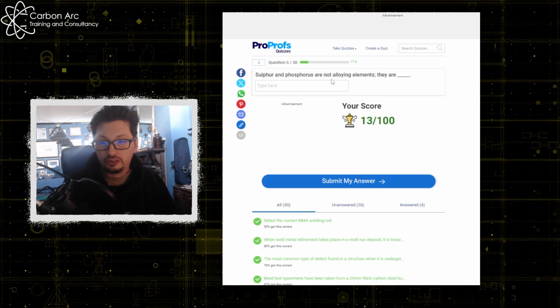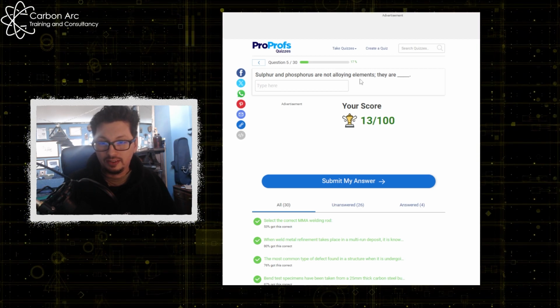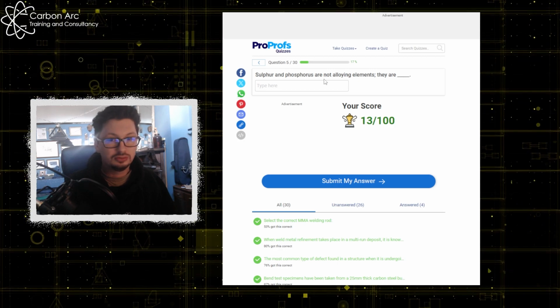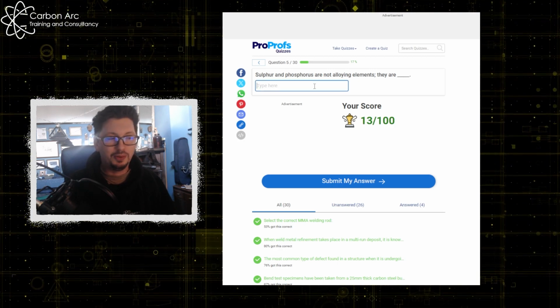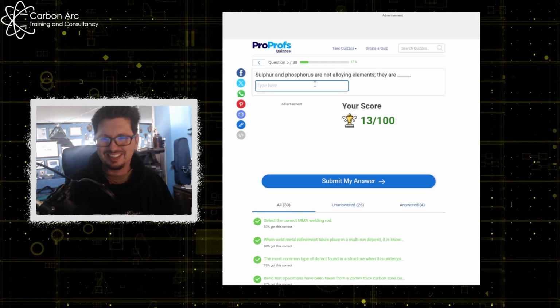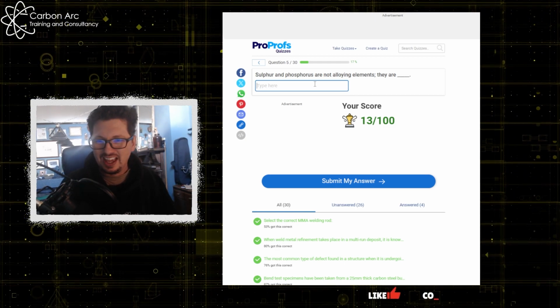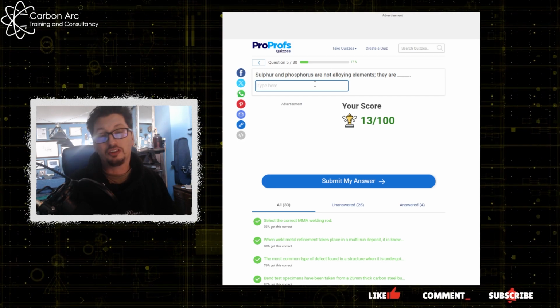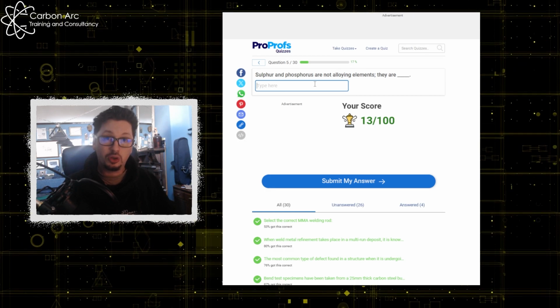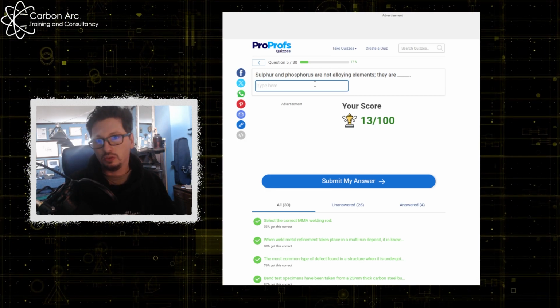Sulfur and phosphorus are not alloying elements. They are what? It says type here, but what am I meant to type in? Well, here's a guess. Sulfur and phosphorus are undesired. They generally cause us issues during welding or fabrication.